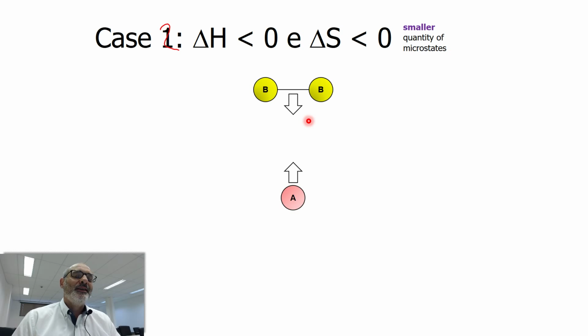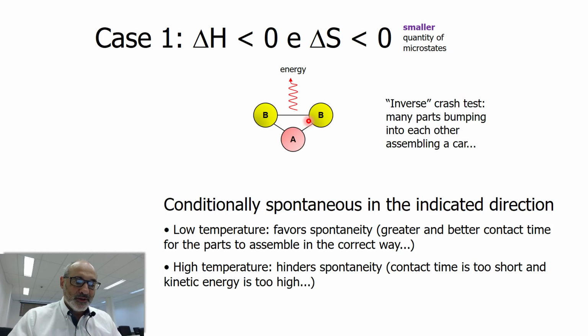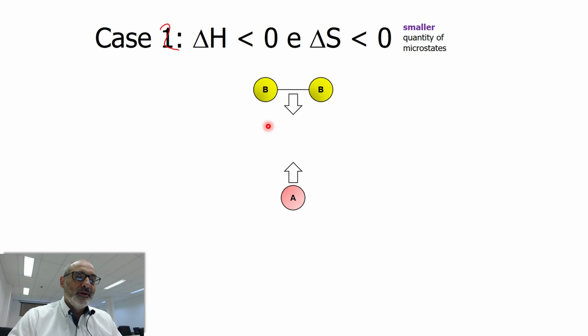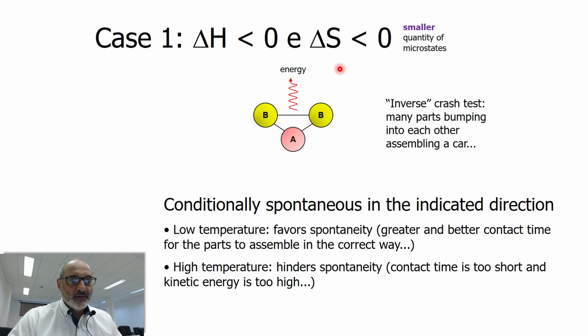Sorry, I think I said it wrong. The number of parts after the shock, 1, is smaller than the number of parts before the shock, 2 molecules. This is due to the fact that entropy decreases, and energy is being released because delta H is less than 0. It's like an inverse crash test.